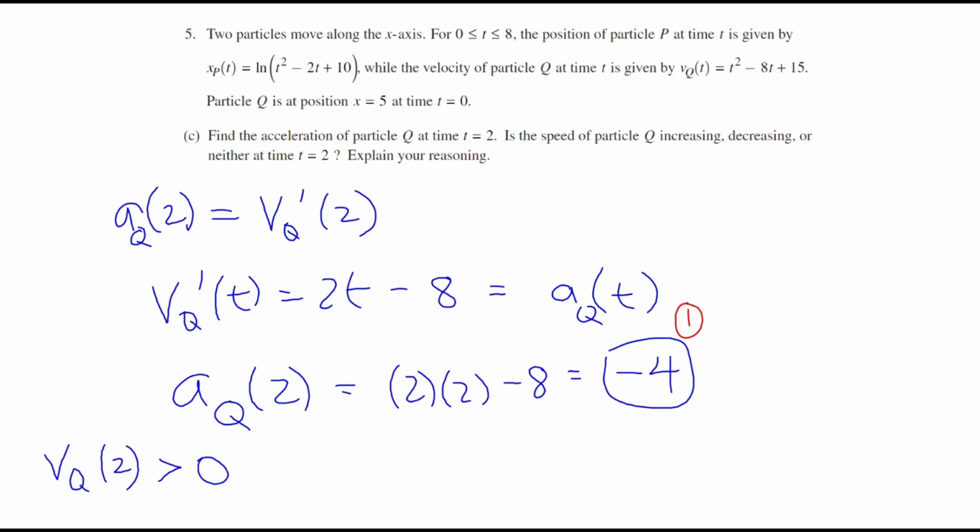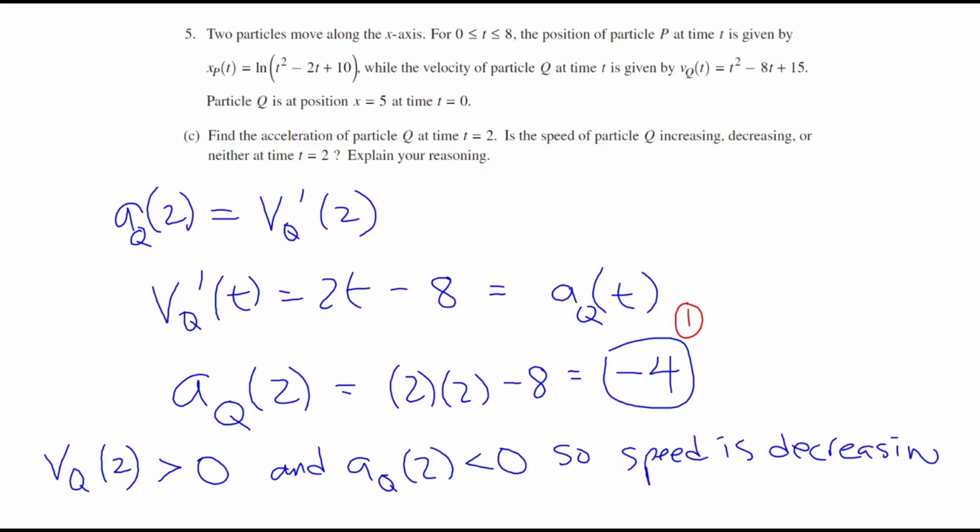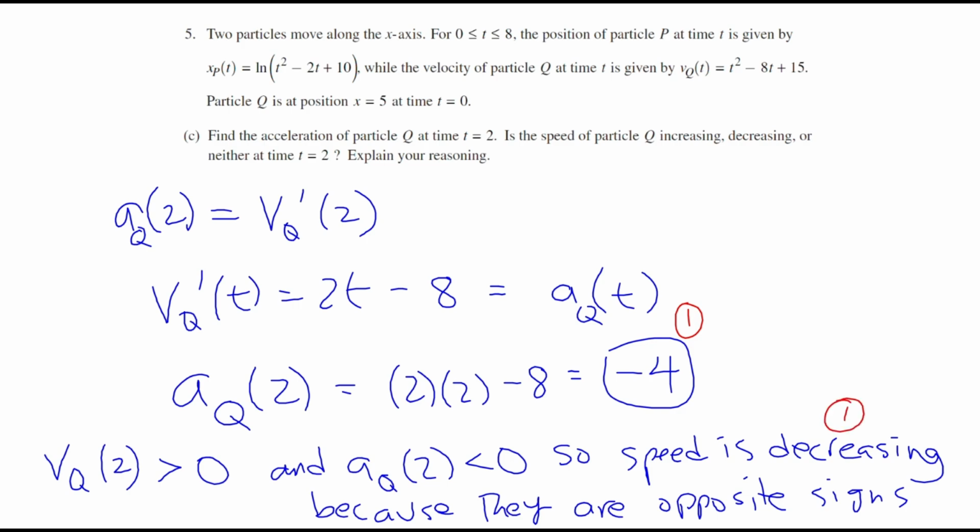And A sub Q of 2 is less than 0. So the speed is decreasing because they are opposite signs. And you want to make sure you write that little bit that says because they are opposite signs. And that will get you another point there for your explanation on why the speed is decreasing.